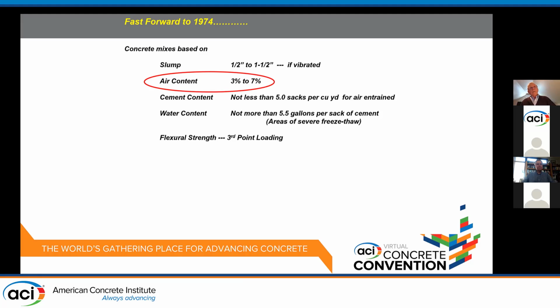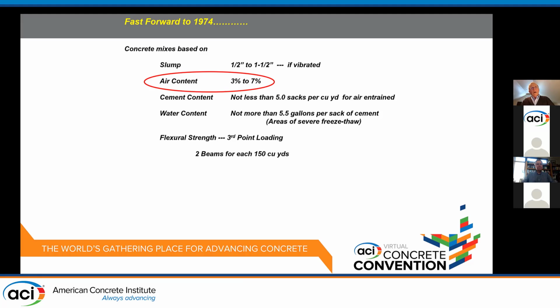But guess what? That may create a durability problem. I may be impinging on freeze-thaw durability potentially. Because of the lower air content, I may be needing more water for workability, and when I put in more water, maybe I create shrinkage cracks. So things have changed a little bit over the years.